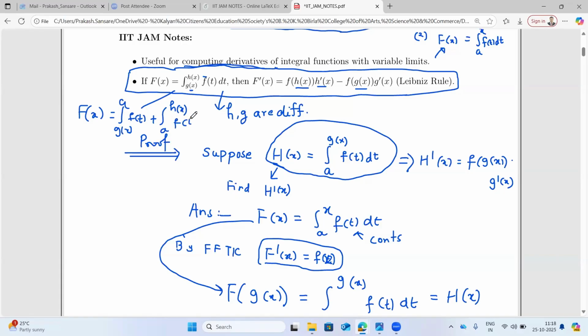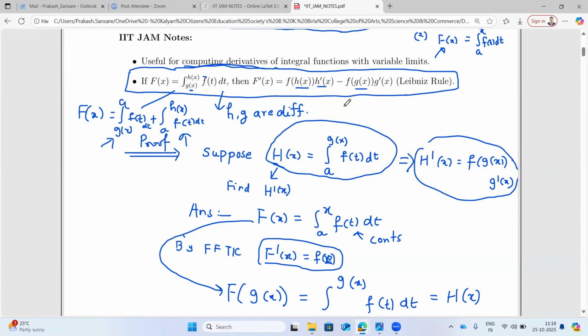Then apply this result for h'(x), and you'll get the required result. So F'(x) is equal to f(h(x)) into h'(x) minus f(g(x)) into g'(x). This is also called the Leibniz rule.